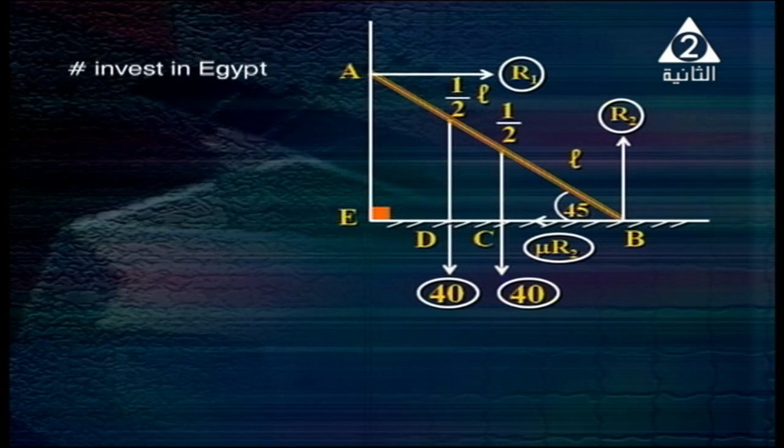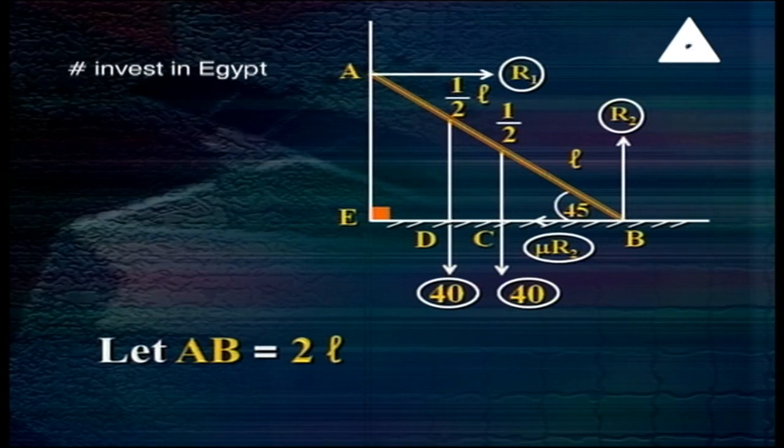Look at, my dear student, AB represents the ladder. The ladder AB is inclined to the horizontal by angle 45. We have the ladder, its weight 40, and the boy, its weight equals the weight of the ladder, also 40. Therefore, my dear student, we represent the length of the ladder as 2L.